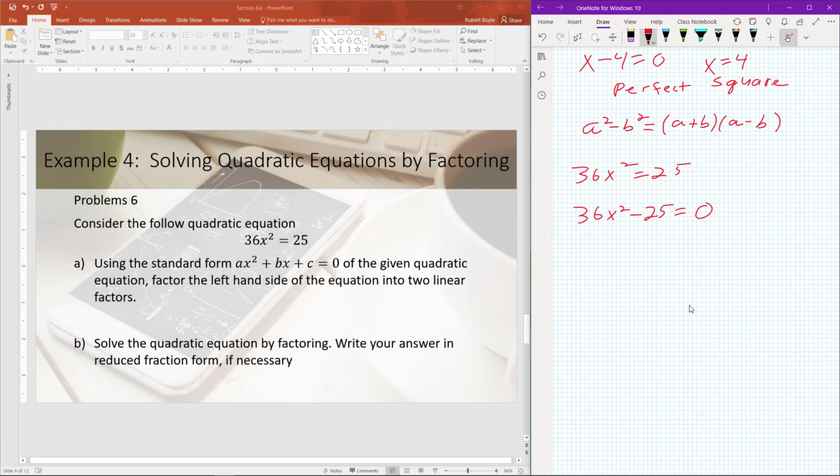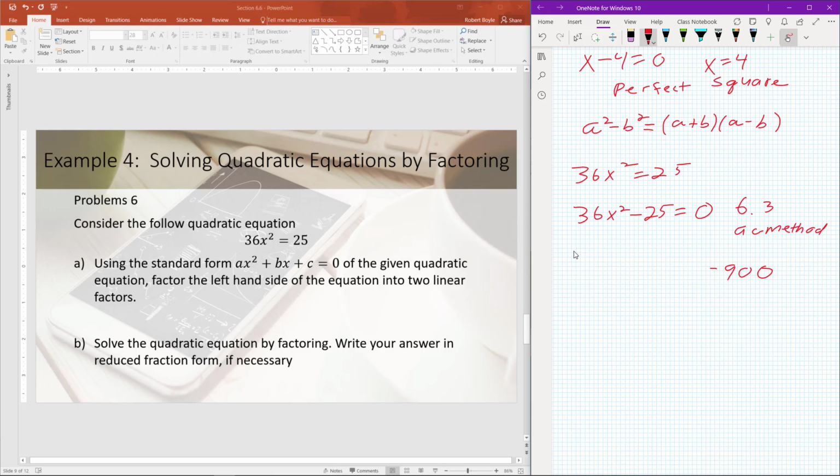That's our standard form. Now this is a section 6.3 problem, because we have a leading coefficient that is something other than 1. And so we're going to use the AC method. Okay, so we want to find the product of A and C, 36 times negative 25, which by the way is negative 900. And we want to find factors of negative 900 that sum to 0.